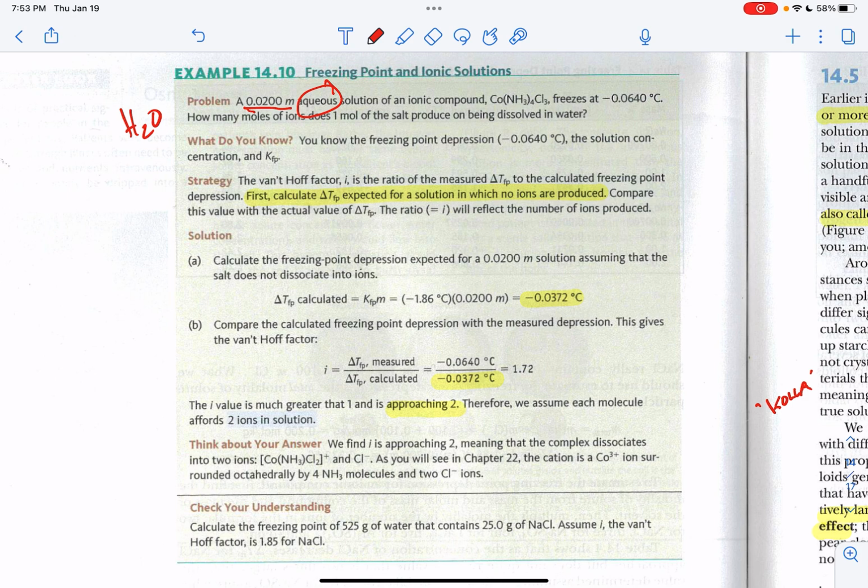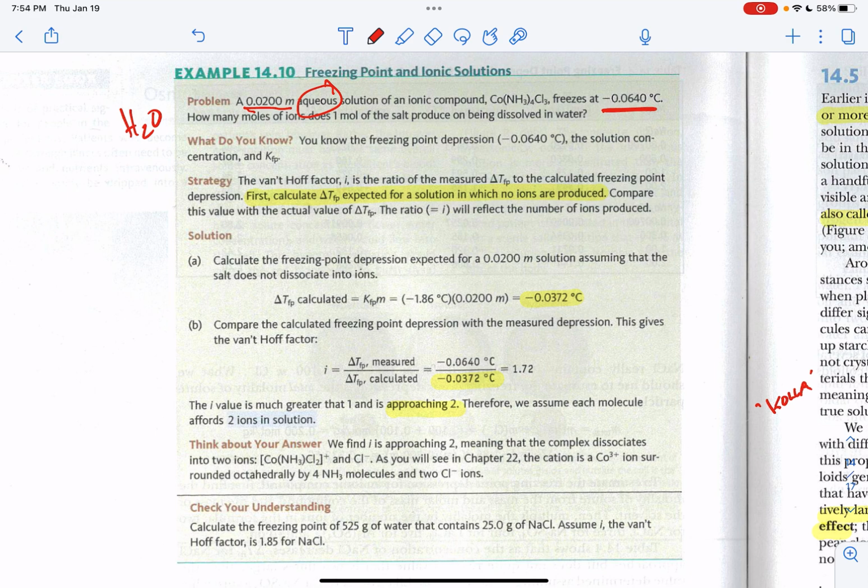And in this problem, we're told the temperature at which the solution freezes. And you might recall the lab that you did just recently, probably. And in that lab, you put a solute into solvent and dissolved it, and then you cooled it down to see when it would begin to crystallize in order to find what the new freezing point was, so you could calculate the change in the freezing point.